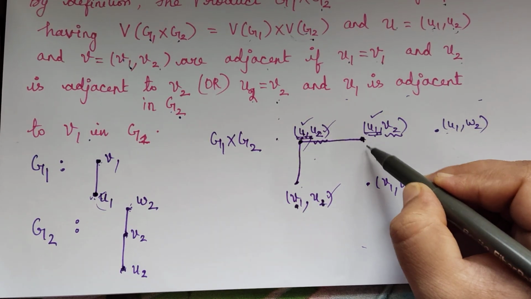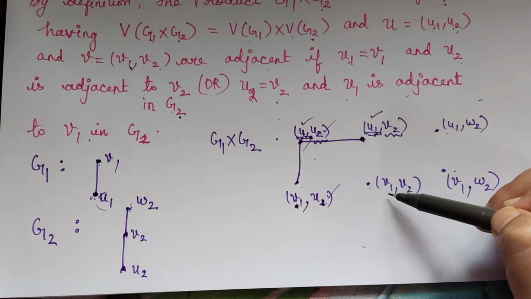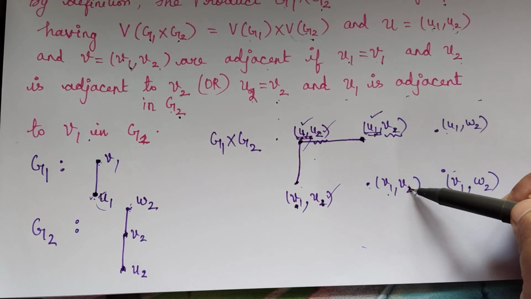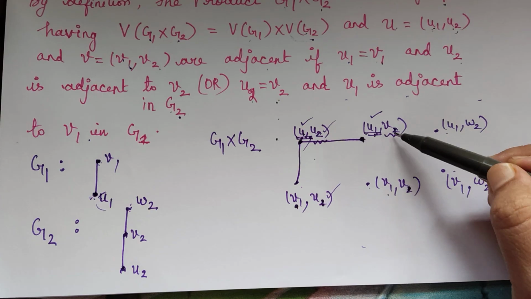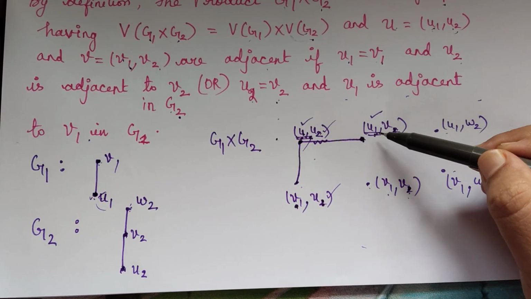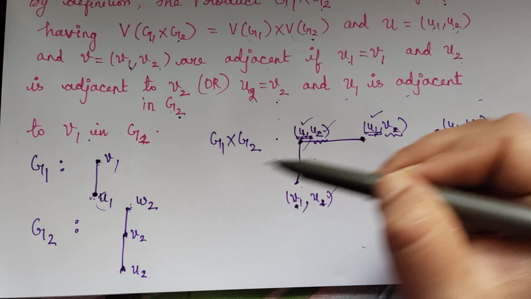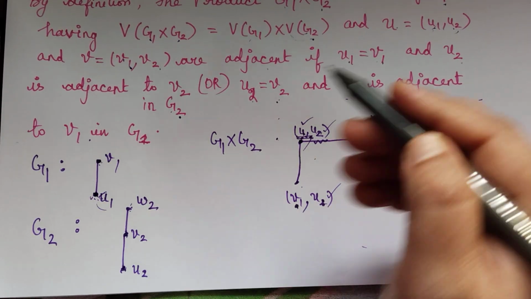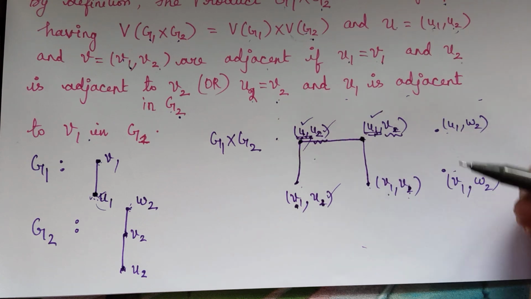Now these two pairs: u1 and v1 are not equal, but v2 and v2 are equal. If one of the vertices of the ordered pair is equal, we should check whether the other pair is adjacent here. u1 and v1 are adjacent, so here also they will be adjacent.